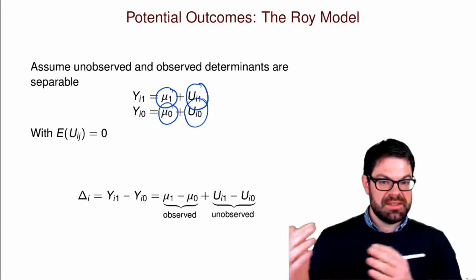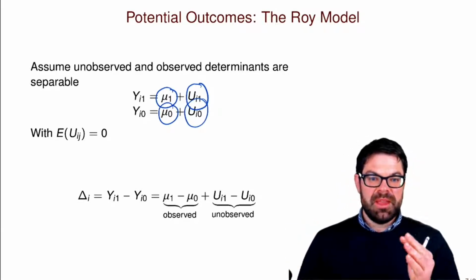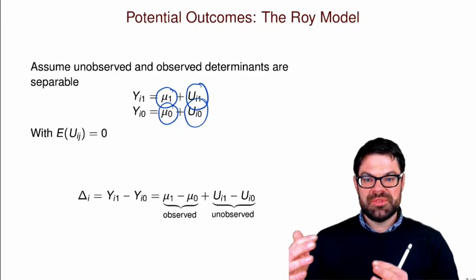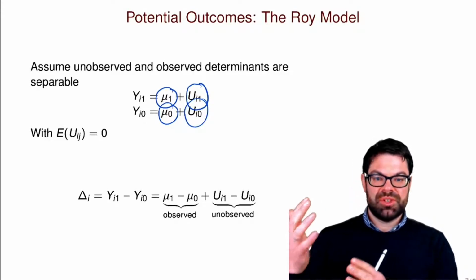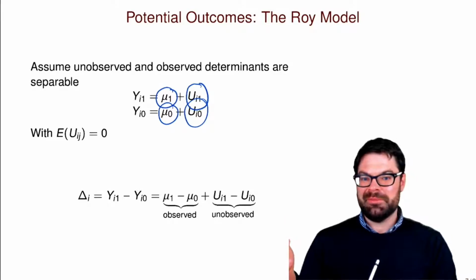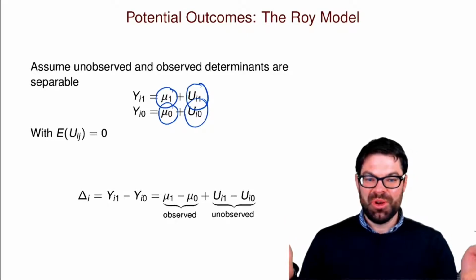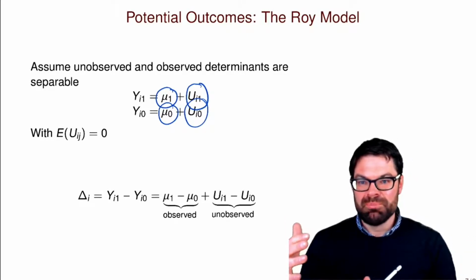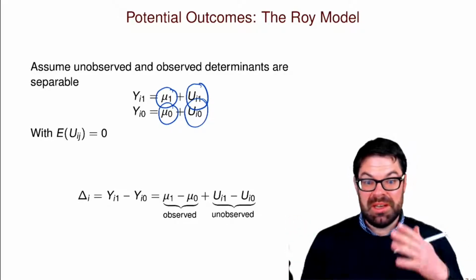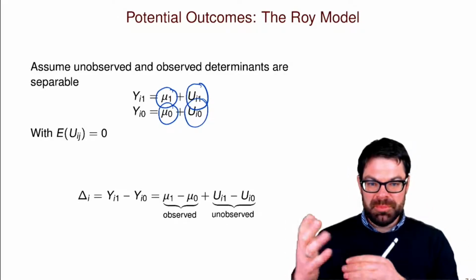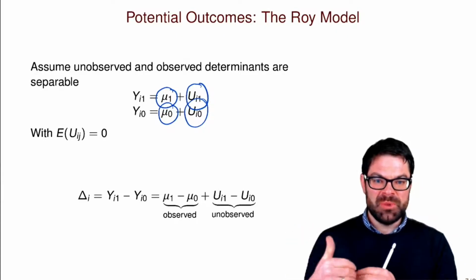Okay, so the example again is that you may observe that people who send their kids to childcare may be younger than those who don't, or maybe more educated than those who don't, or less. That would be the difference between mu1 and mu0.